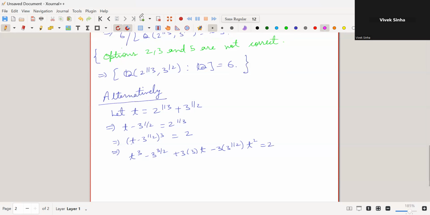Which identity am I using here? I am using (a minus b) cube is equal to a cube minus b cube minus 3ab squared plus 3a squared b. I hope that is correct, or some mistake I have done.